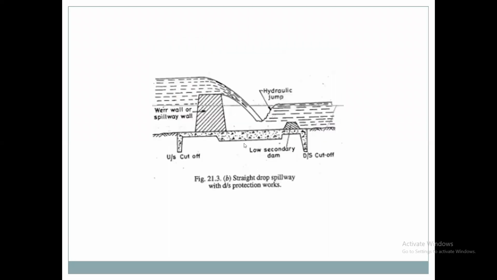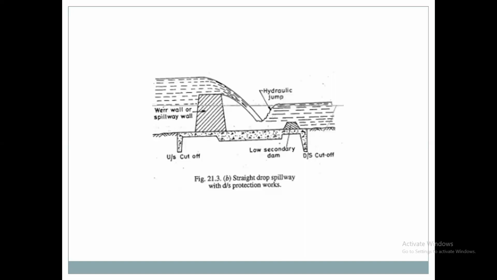For that, sometimes launching protection works are made. See, this launching cutoff is constructed. Hydraulic jump formation here: while falling on the downstream side, the water will form this hydraulic jump. The potential energy is converted into kinetic energy, so some erosion takes place at the bed of the reservoir.